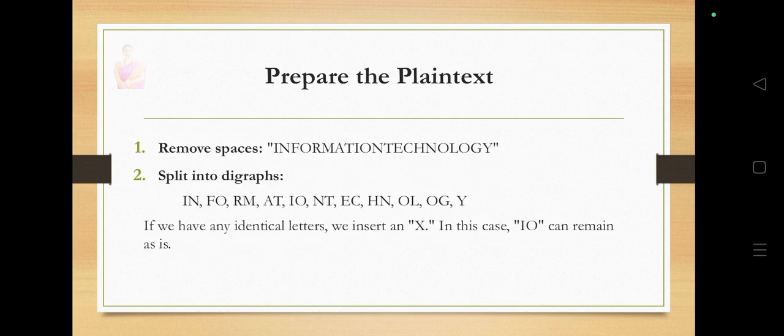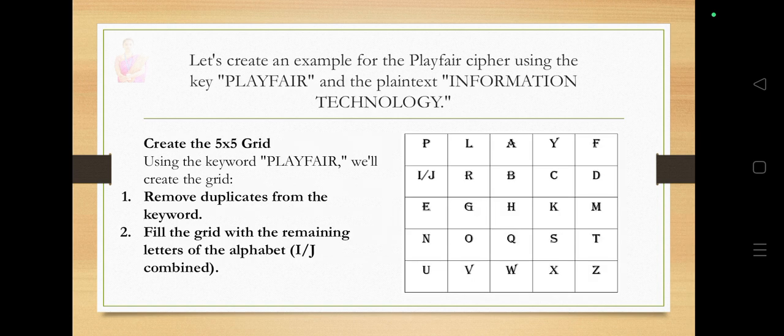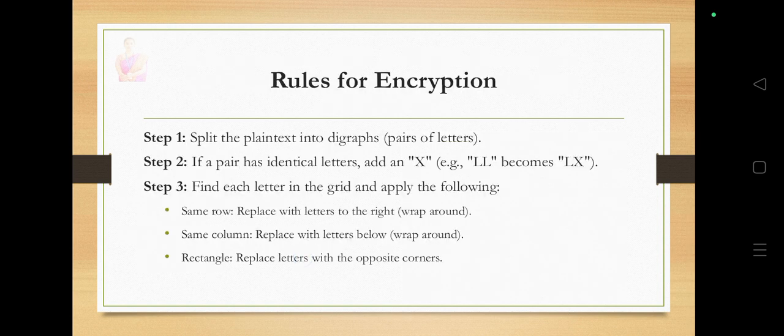And next one is to prepare the plain text. Now for this we will have a detailed example. The key is Playfair. You all know the key is Playfair, right? And the plain text is information technology. So we have already framed the 5 by 5 matrix.